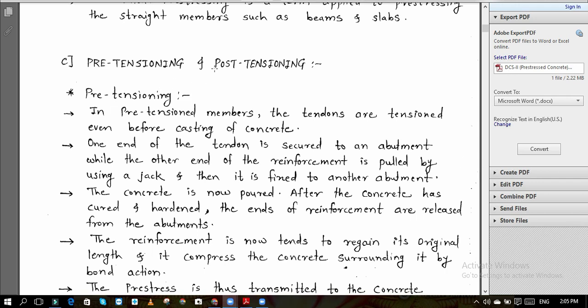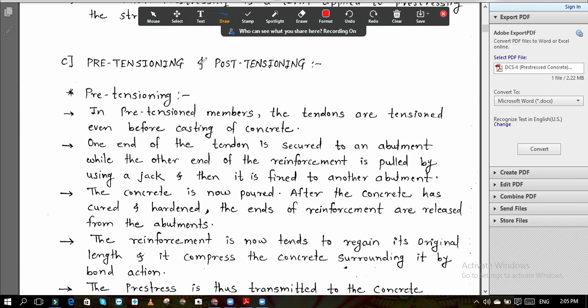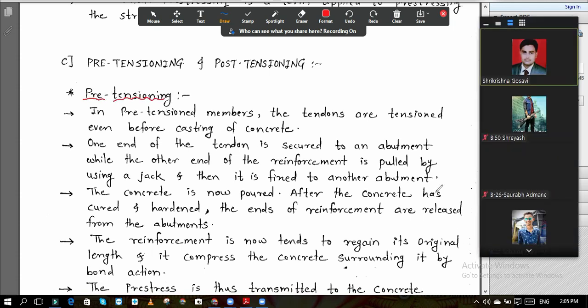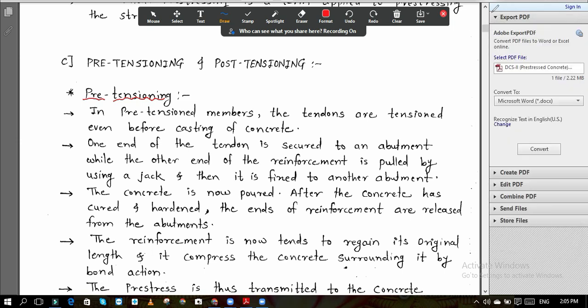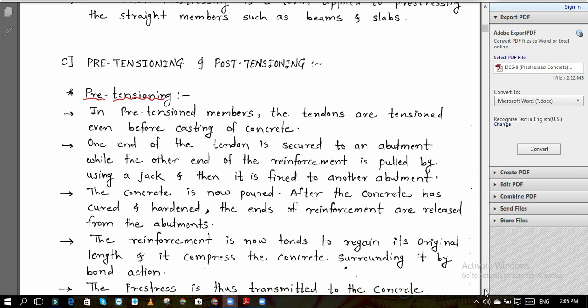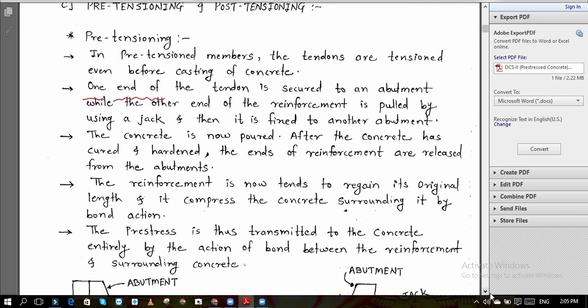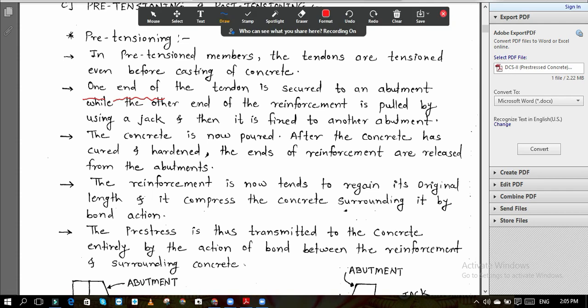Now we come to this part, pre-tensioning and post-tensioning. First we will see what is pre-tensioning. I will first cover the points and then we will discuss this. In pre-tensioned members, the tendons are tensioned even before the casting of concrete.